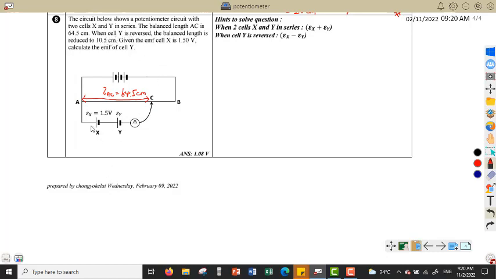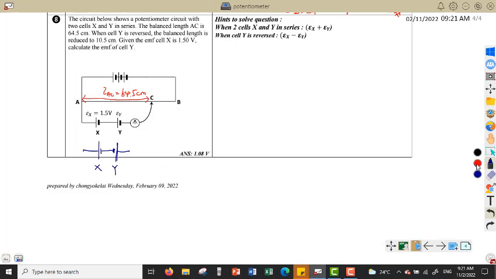When we have X and Y connected in series, and cell Y is reversed, I redraw. When cell Y is reversed, it means the terminal of the battery is reversed, so it becomes like this. This is cell X, this is cell Y. In this situation, when cell Y is reversed, we find that the balance length is reduced to 10.5 cm.